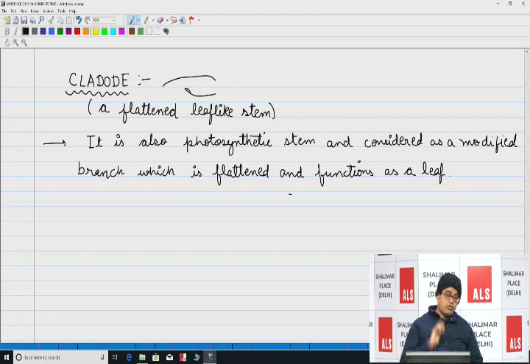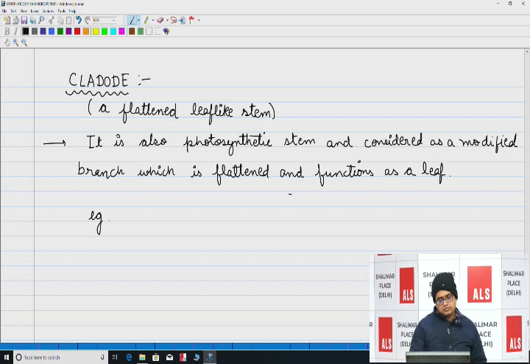Now cladode is found in ruscus, in asparagus, and in all these plants. It is so juicy, it is so fleshy that we can also use it as food material. Example, cladode of asparagus, ruscus.